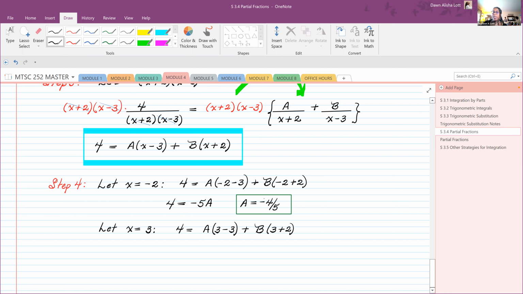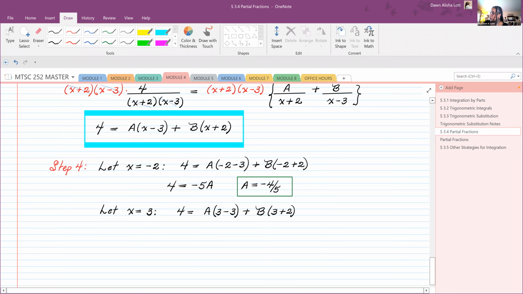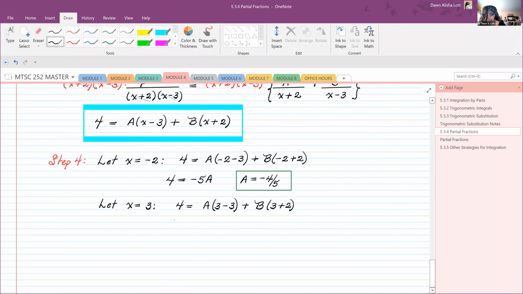Again, putting everything into the major equation, I get 4 is equal to 5B. So B is 4/5. And I solved for my second constant. That's it. I only had to solve for those two.